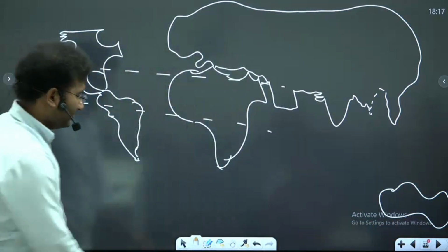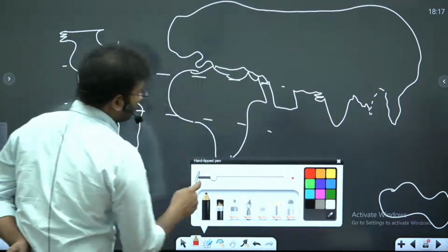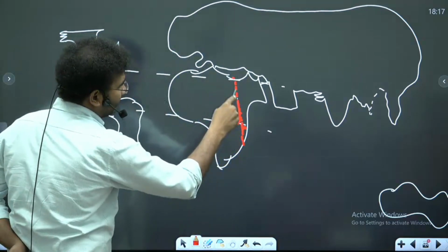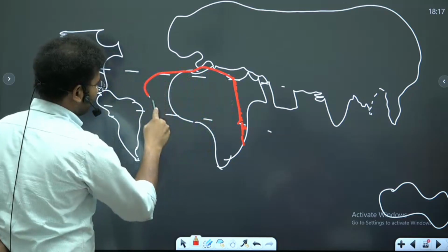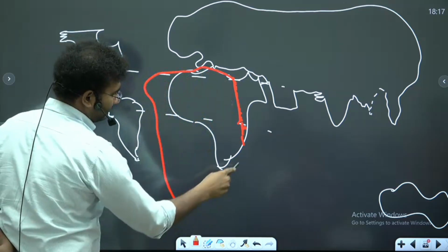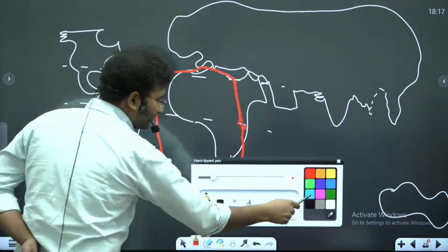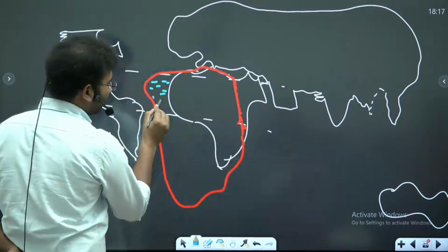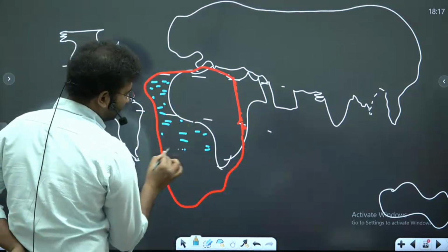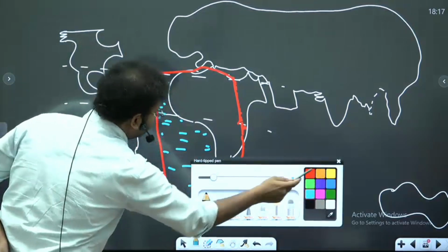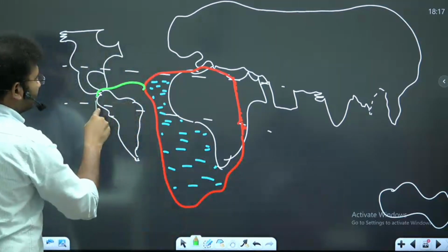See here. There is a rift valley which is present here. This is the African plate. ठीक है? That means, don't you think that the African plate has water also? Likewise, this is your South American plate.